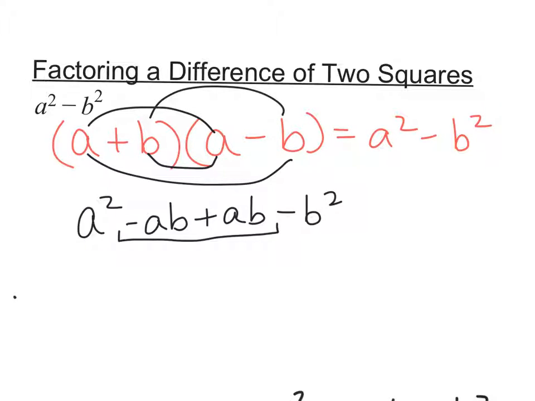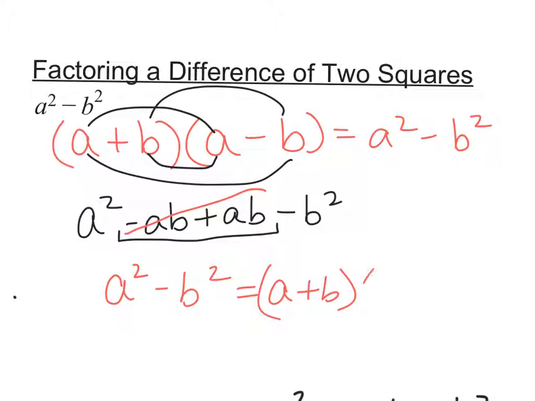So now, does negative AB plus AB, do those two cancel? Yes, they sure do. So we're left with A squared minus B squared. So A squared minus B squared is A plus B times A minus B.